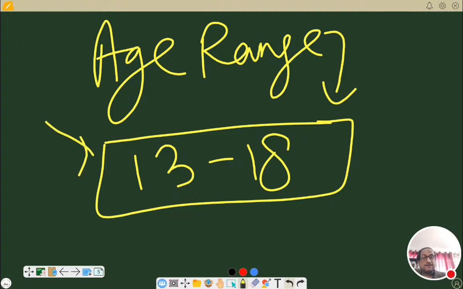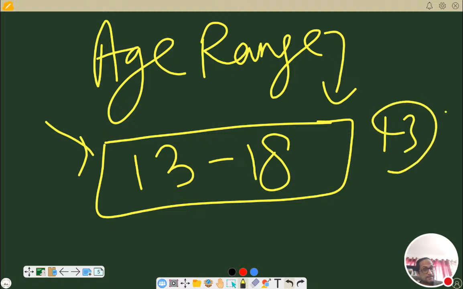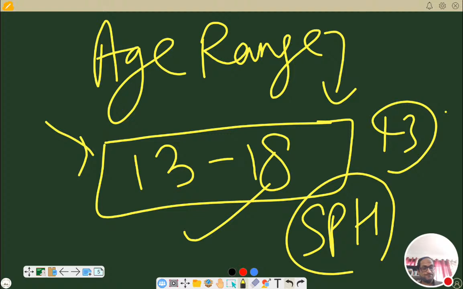In this age, if language is exposed to them, the probability of their learning the complexity of language with the same expertise as native speakers is still there. It's not that after 13 they cannot get it. They can get it even after 13. It was proved through the sensitive period hypothesis, SPH, not critical period but sensitive period.